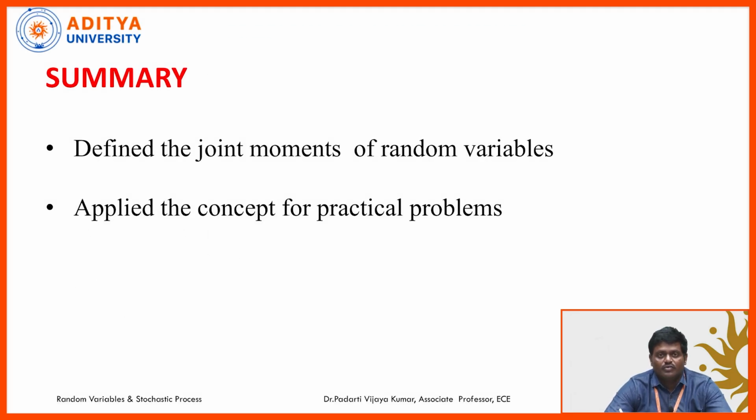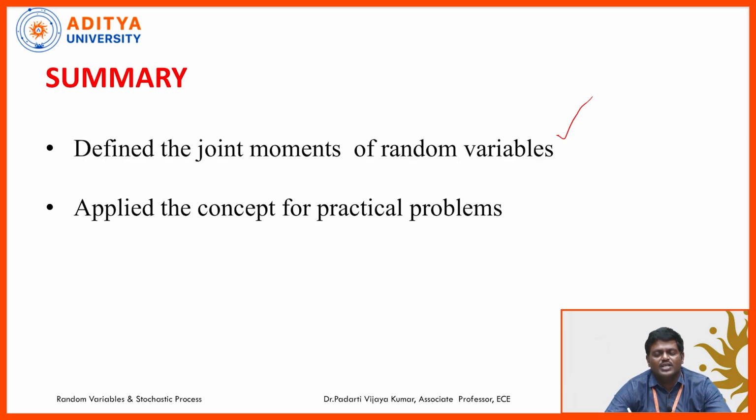So in this session, we have defined what is meant by joint moments. Already we have seen the theoretical topics and the properties associated with joint moments. Here we have done a quick recap of what is meant by joint moment, what is the mathematical formula for joint moment, and the important parameters in the joint moment. Joint moment about the origin gives you the correlation.